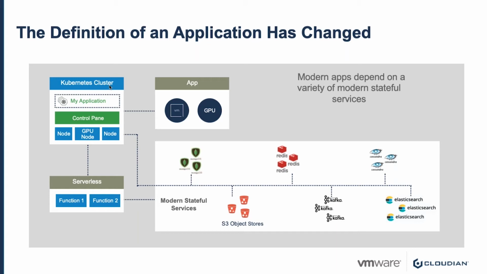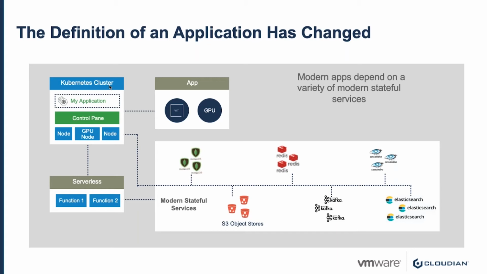What used to be a simple database in the past is now a combination of multiple different services. And object stores come up as a very, very critical application requirement for these modern applications, because these object stores have become the de facto storage platform.